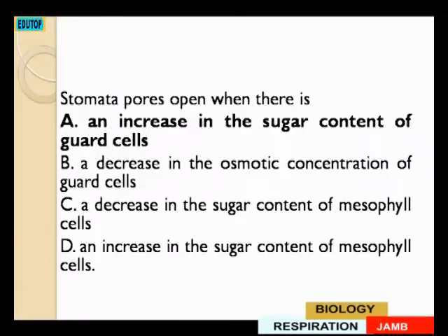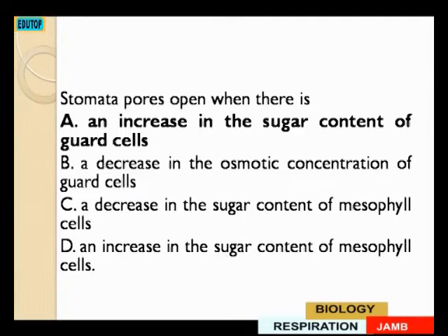But it will close when there is a decrease, when there is shortage, so there is no need for wastage. It's not actually wasted, but it will have to conserve it when there is decrease or shortage in the sugar content of the guard cell. So that is option A. An increase in the sugar content of the guard cell will make the stomata pore open.